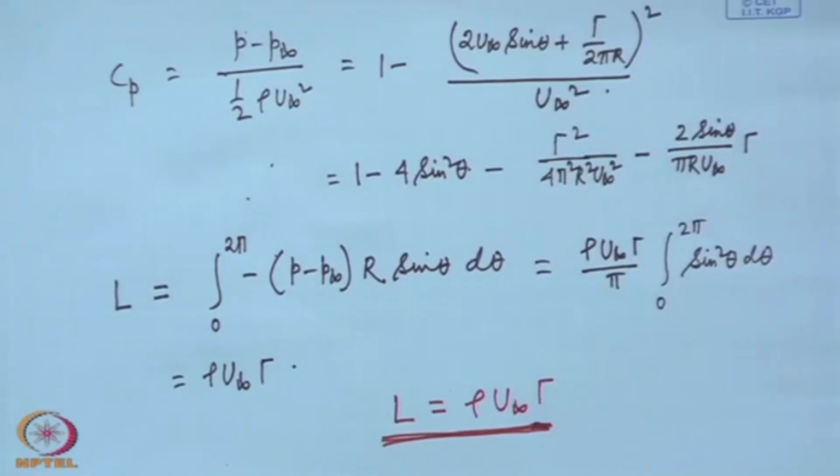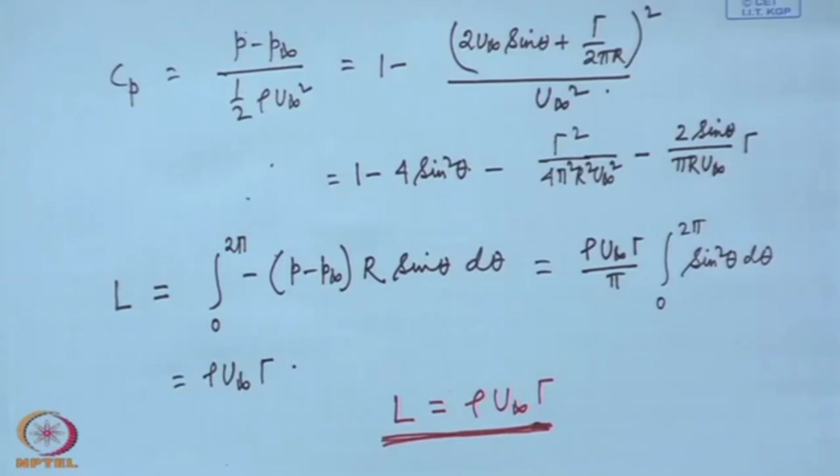We have seen the purpose of these doublet, source and vortex. What we have seen is that doublet, source and vortex are singularities in the flow, and in incompressible flow also we have seen that there cannot be any expansion, where source and sink are basically expansion, singularity and expansion. But you see, now we do not have source or sink in the flow.